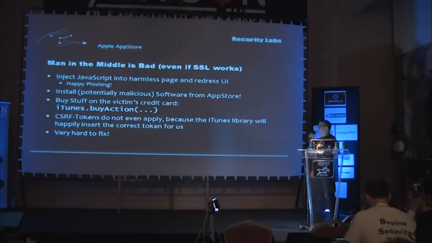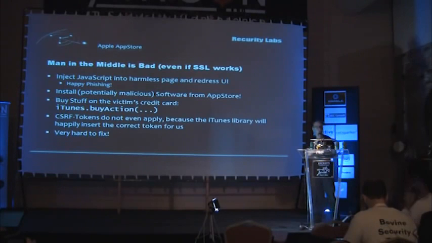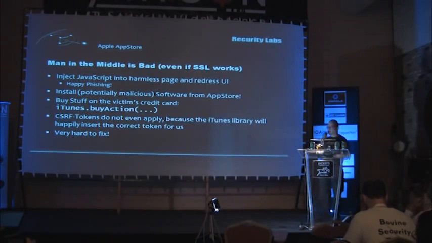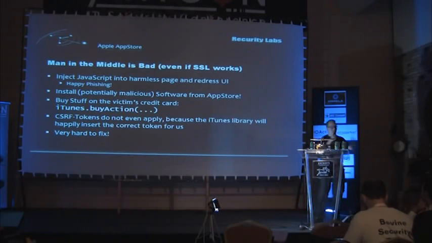That, for example, means that if you inject JavaScript in random Apple websites, let's say in an open wireless network like here, you can actually call some of those JavaScript functions. Those contain interesting functions like iTunes.buyAction, which, as you would assume, charges your credit card and buys stuff in the App Store.